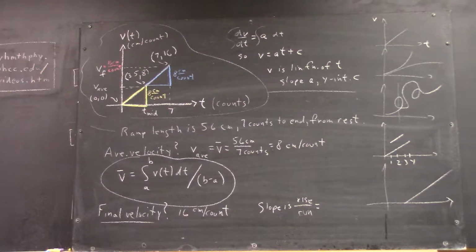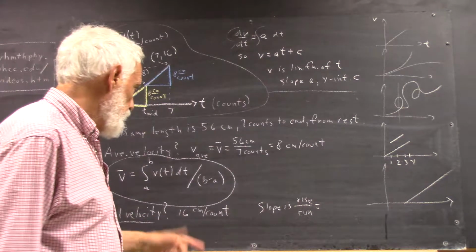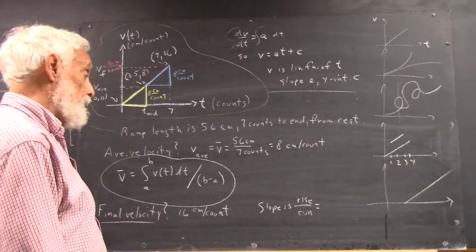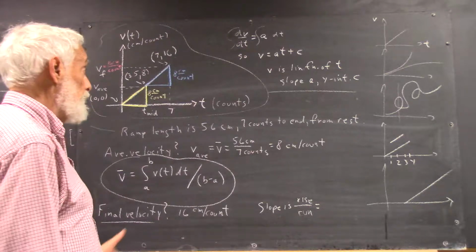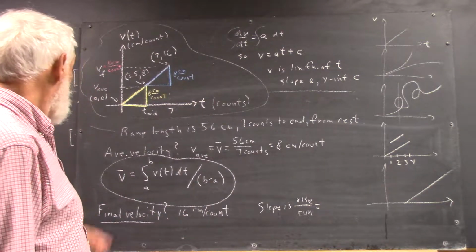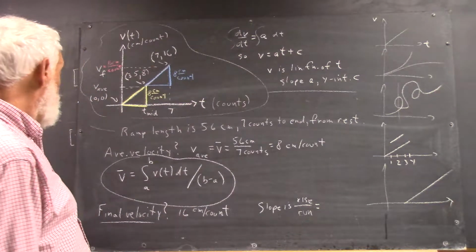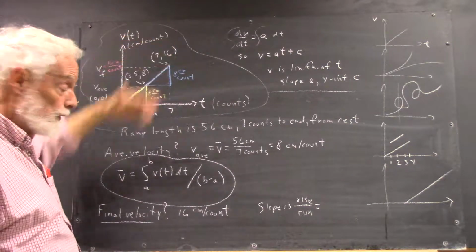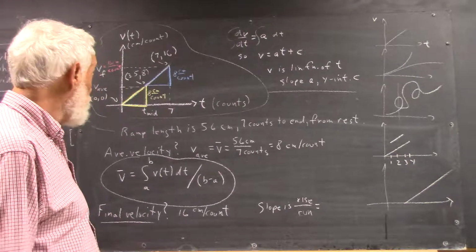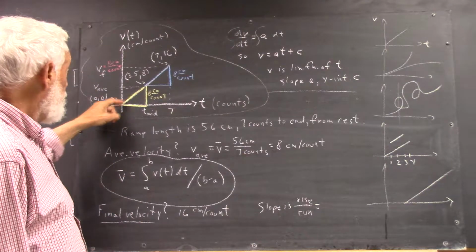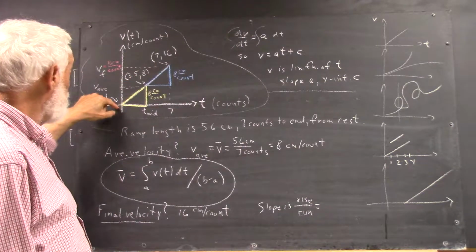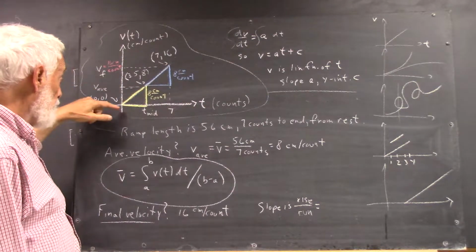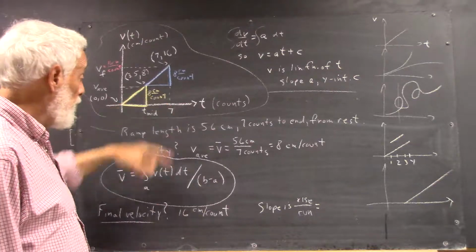Okay, now, final velocity, as we've seen, is 16 centimeters per count. The slope is rise divided by run, and that's very easy to calculate. We could use any 2 points on this straight line, because the slope is the same everywhere in a straight line, and calculate the slope. So we could calculate it between this point and this point. The rise would be what? From here to here, the rise is 16 centimeters per count, and the run is 7 counts.